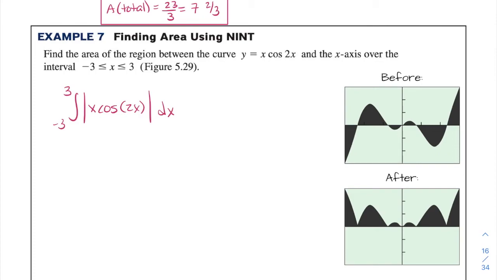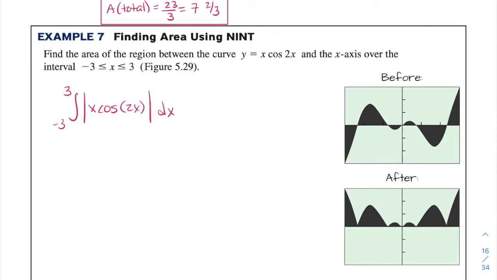Now I'm going to click math again and go over to number and pick up my absolute value. I'll type in x cosine of 2x and dx, and I now get, I typed it in wrong one more time, -3 to 3. I messed that up.